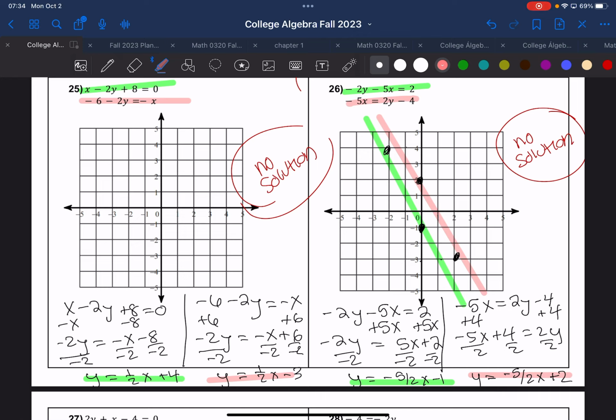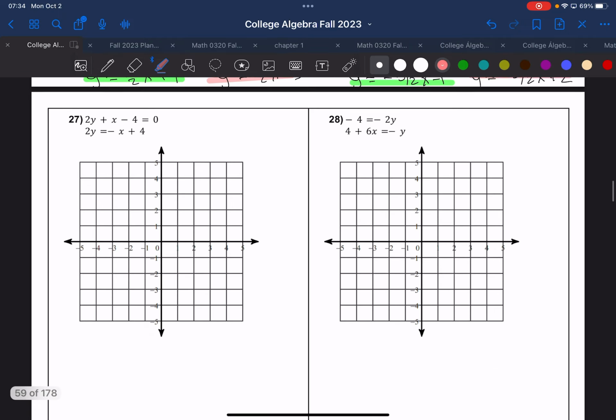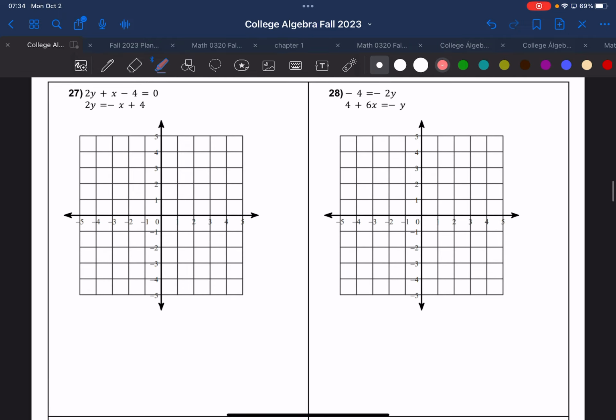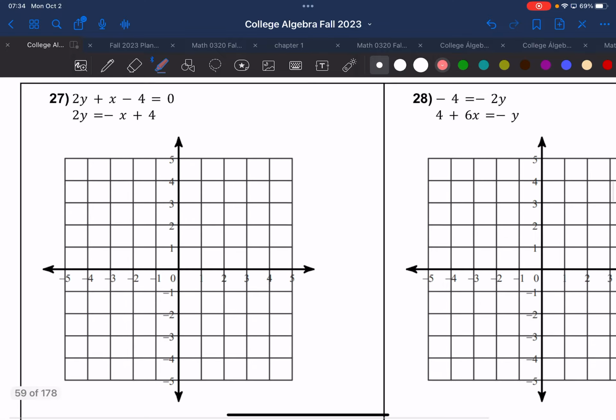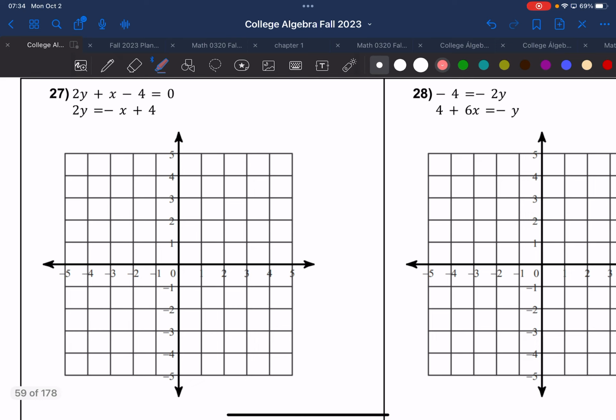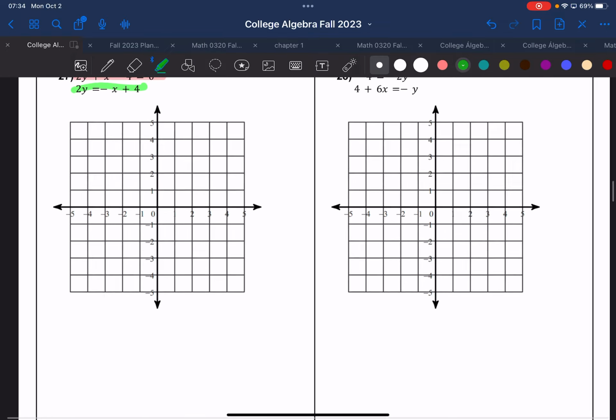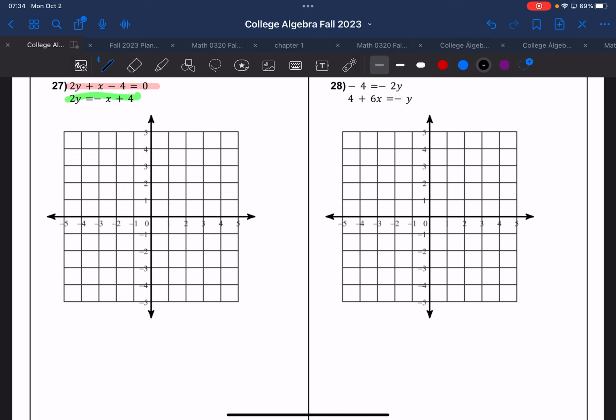Okay. Let's look at 27. Again, we're trying to make sure that all of our equations have y by itself. The first equation, we have 2y plus x minus 4 equals 0. So what would we do to get y by itself?